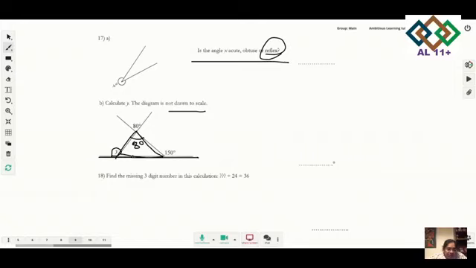Just try working that out. That would be 70, because you know the angles inside also add up to 180. So if this is 80, this is 70, and this is 30. So you need to find what y is now. To find y, you know this is a straight line, again 180. So you will just minus 180 minus 70.